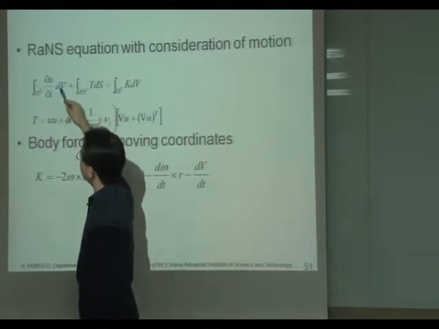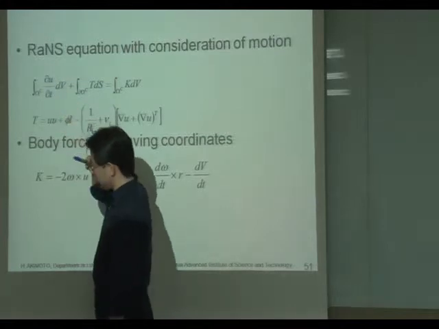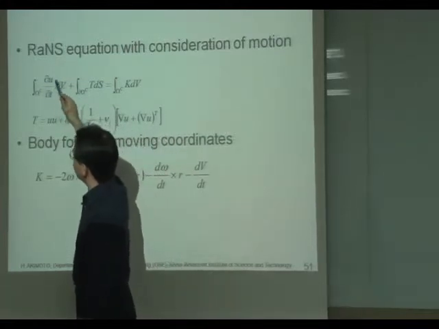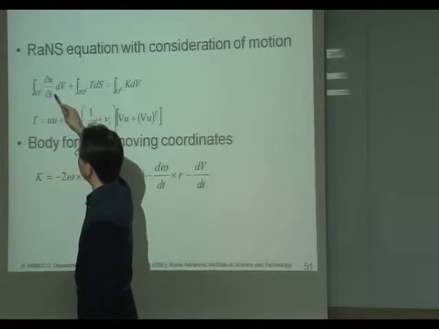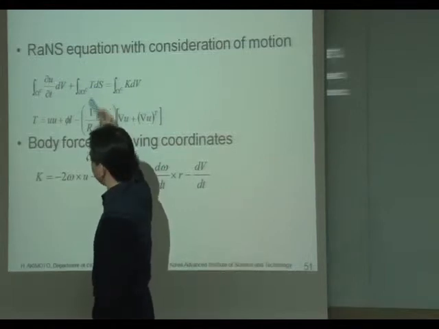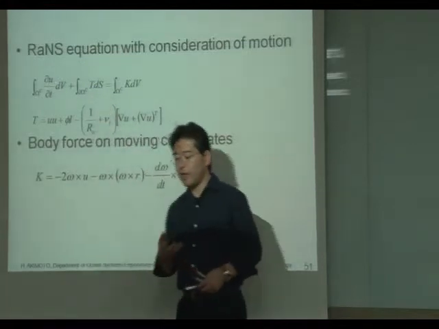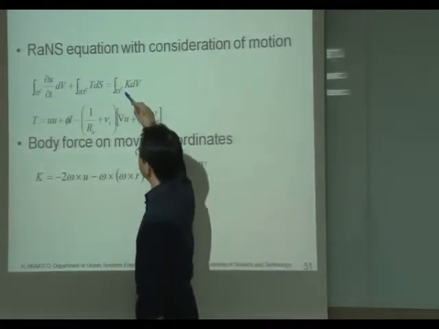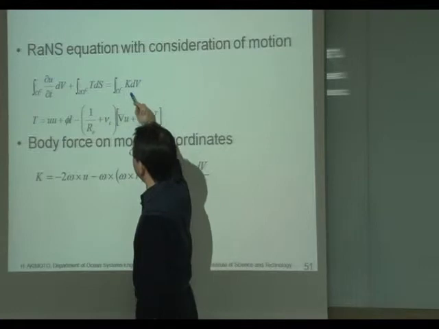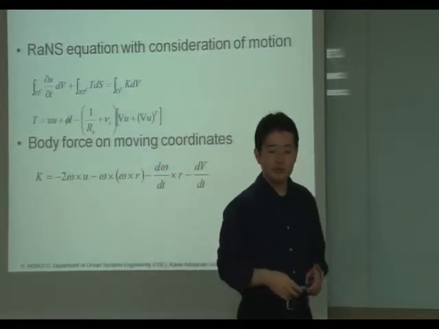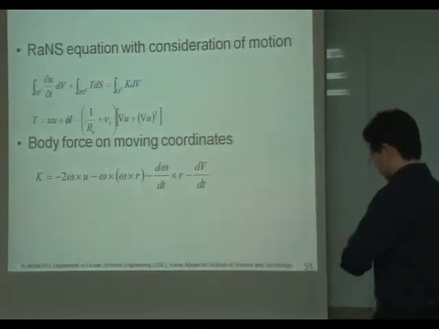This part is the time derivative of fluid velocity, and this is the tensor of fluid stress. It contains convection term, diffusion term, and pressure term. This one is added term for the consideration of moving coordinates.